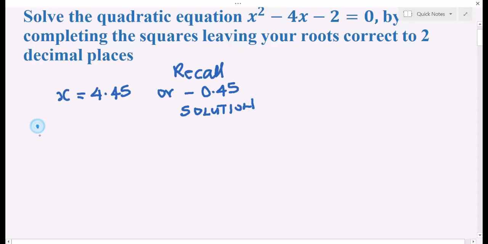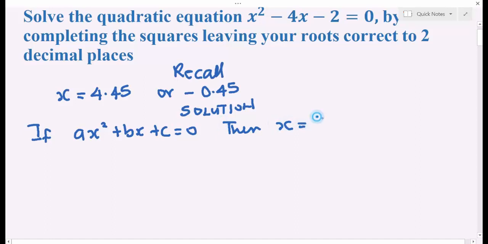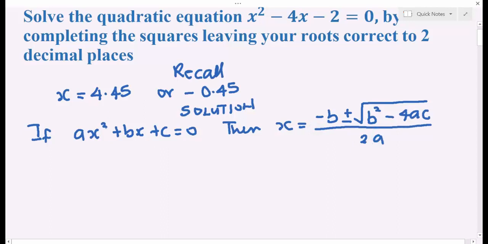We said that if ax squared plus bx plus c is equal to 0, then x is equal to minus b plus or minus the square root of b squared minus 4ac over 2a. So let us compare.